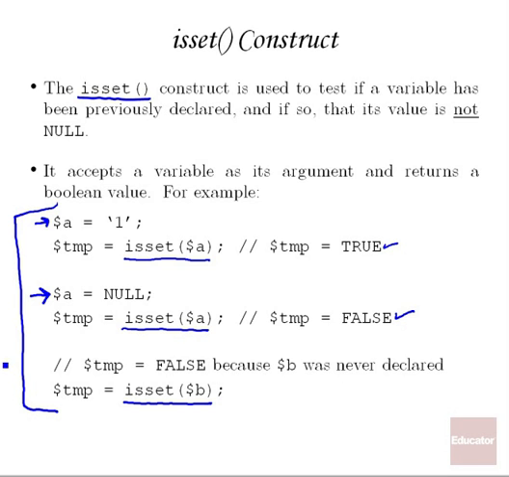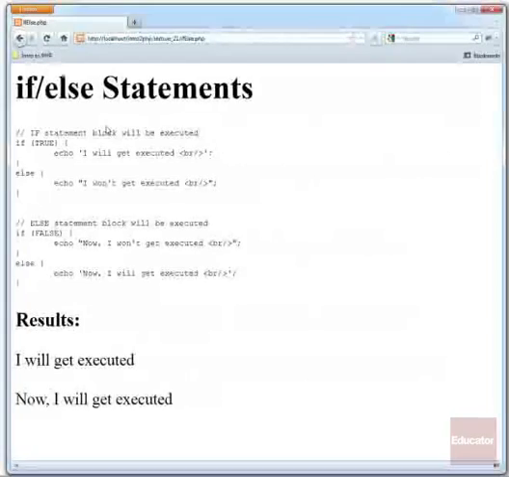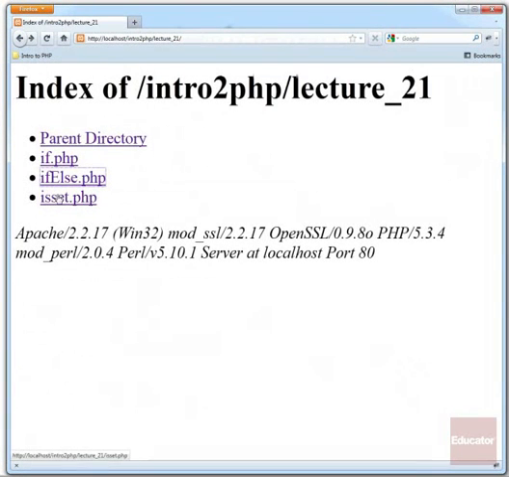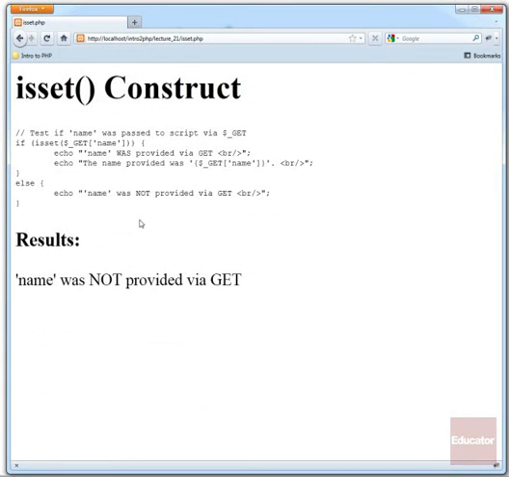So let's take a look at what that looks like again in action. We have a script called isset.php, and because isset returns a Boolean value, we can use it within an if test condition.